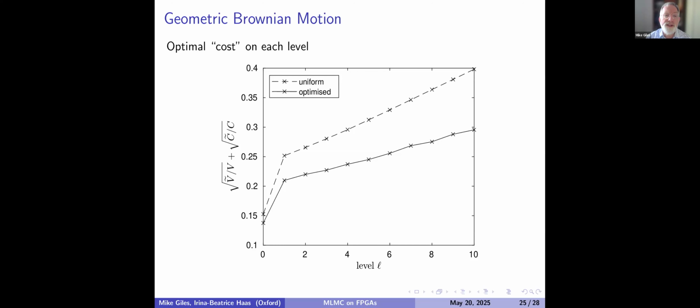Okay, so this then gives us the optimal value of this sum of the two square root terms. And so you see how that varies with level. You see how it varies between using a uniform number of bits on all variables compared to using the optimized number of bits.